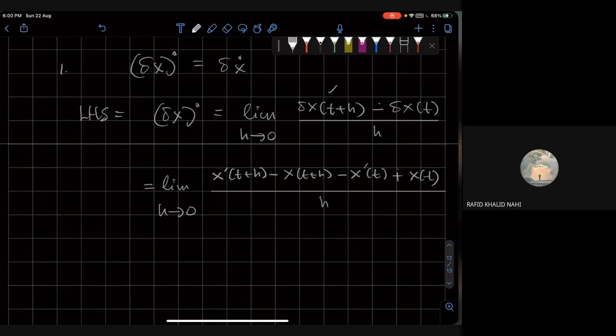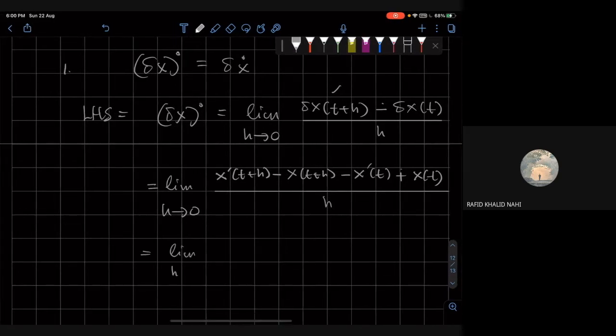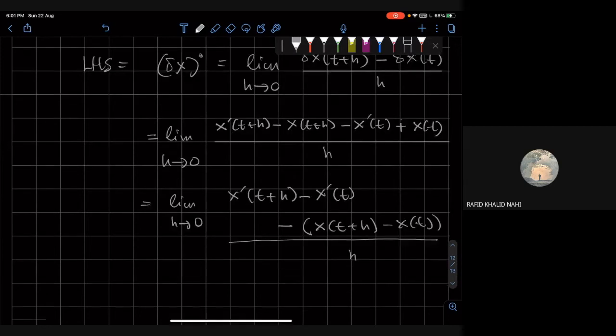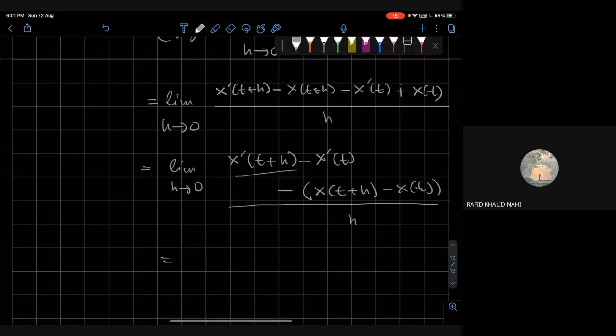Then we can rewrite this as the limit h goes to 0 of x prime of t plus h minus x prime of t minus, within brackets, x of t plus h minus x of t, divided by h. The first two terms divided by h in the limit give x dot prime of t, and the second one is x dot of t, which is delta of x dot.